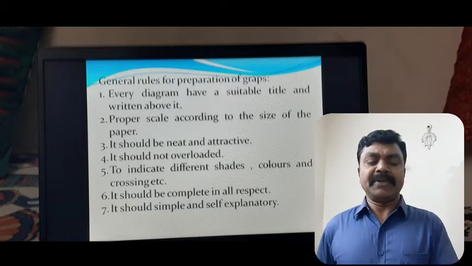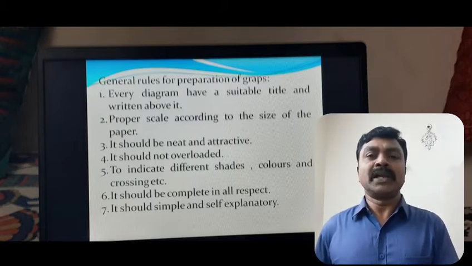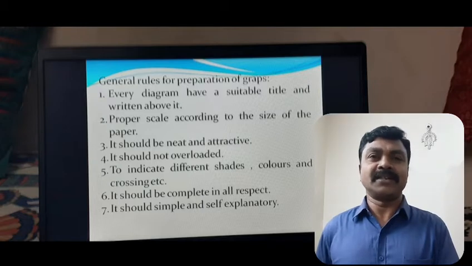to indicate different parts, suitable shades, colors and crossings should be used. In simple bar graphs, you should classify the bars, using shades and colors. It is more attractive and also easy to understand.